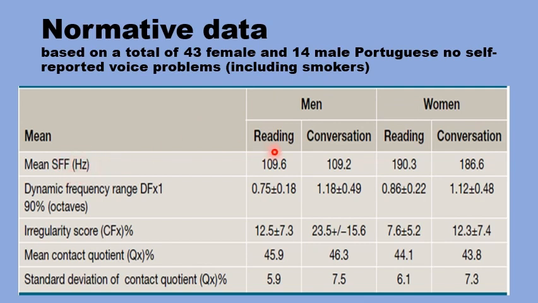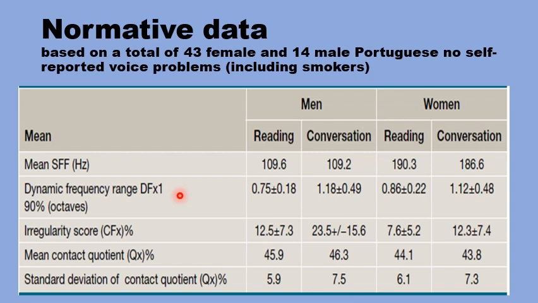For men it is about 109, which doesn't change much between reading and conversation. It is much higher in females at 190, a little bit less during conversation. The 90% dynamic frequency range gives the middle 90% range of the frequencies after removing the bottom and the top 5% of this range.